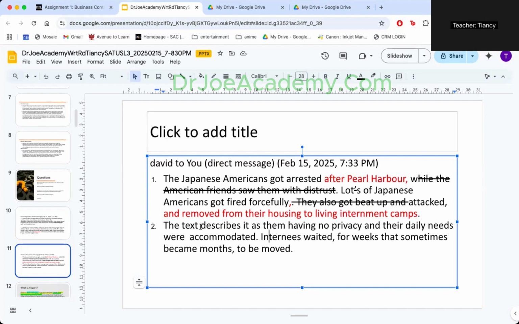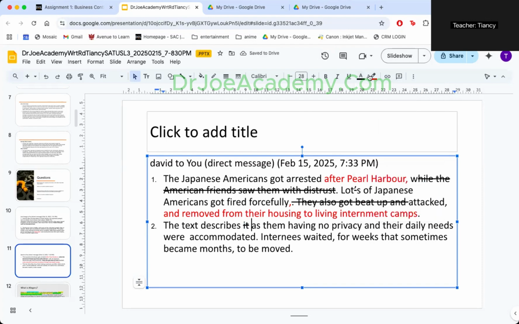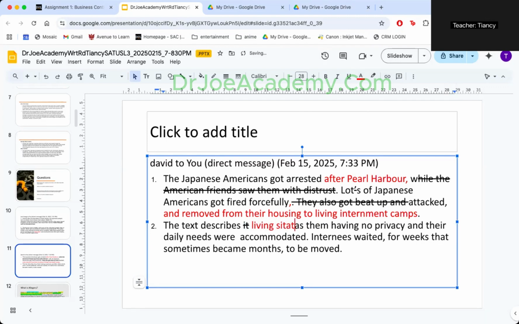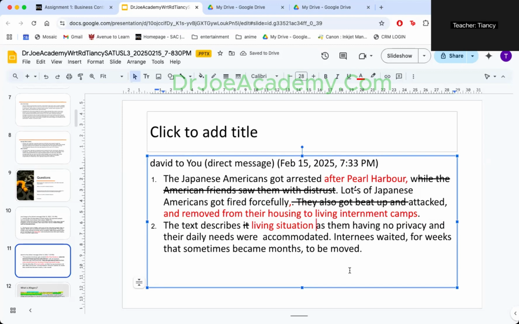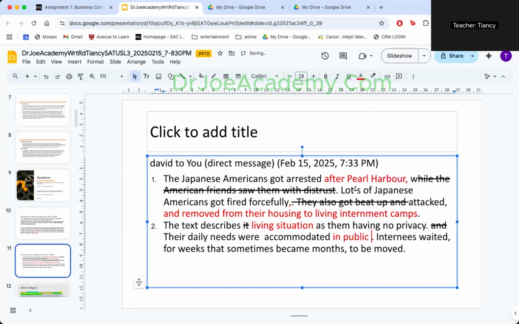Okay, so this text described their living situation as them having no privacy, and you can just leave it at that, and then you can make another point by saying their daily needs were accommodated in public places, okay? Public facilities. That's an important part.